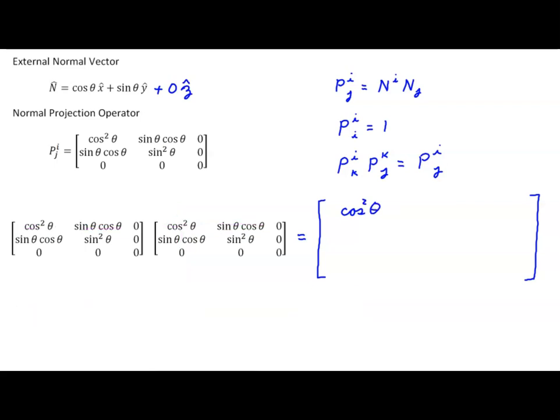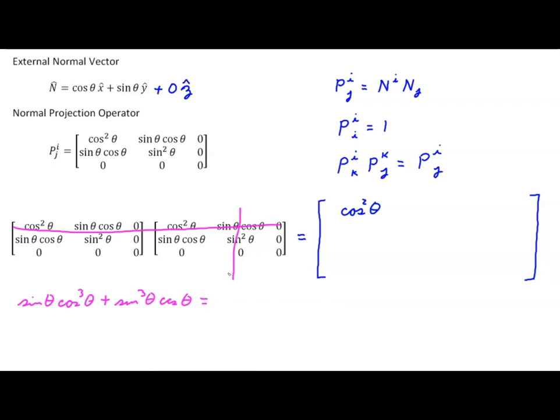Okay, the second item in the first row up here is going to be this row times this column. So that is sine theta times cosine cubed theta. That's this item times this one. And now to that we're going to add the product of this one and this one, which is sine cubed theta cosine theta. And you can see that we have a common factor here.